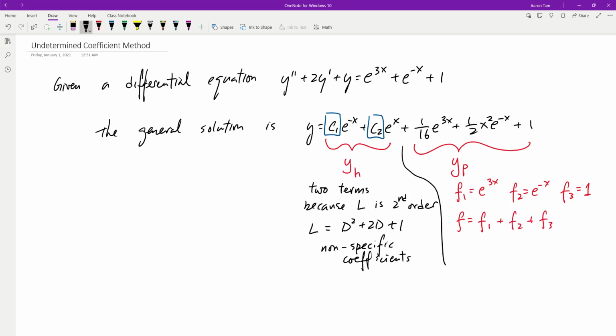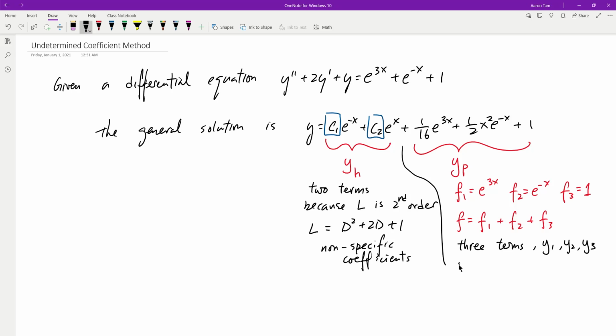Because we have three specific functions put together to form the function f in our non-homogeneous differential equation, we will have three extra terms, one for each of the functions f1, f2, and f3. These three terms, y1, y2, and y3, correspond to f1, f2, and f3.